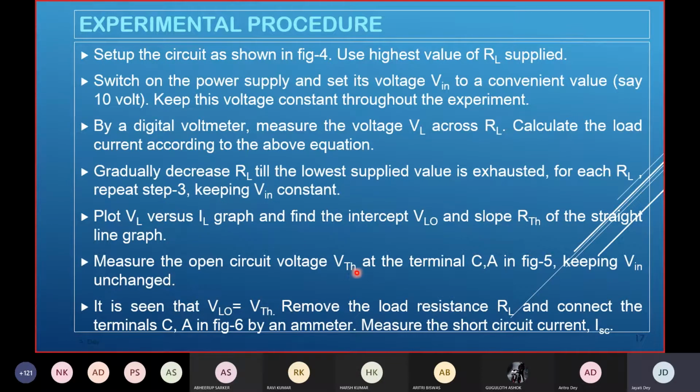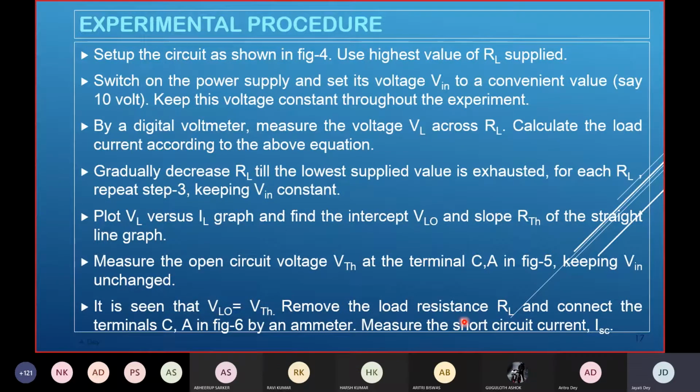Measure the open circuit voltage V Thevenin at the terminal CA, keeping VIN unchanged. The intercept that we find graphically and what we find experimentally should be the same, then only it would be verified.